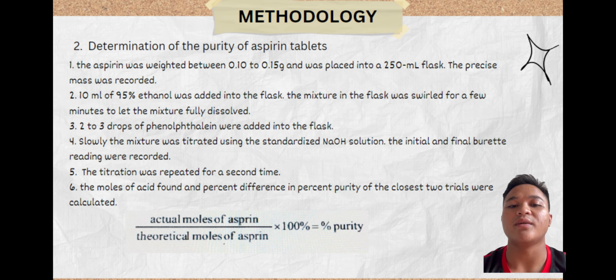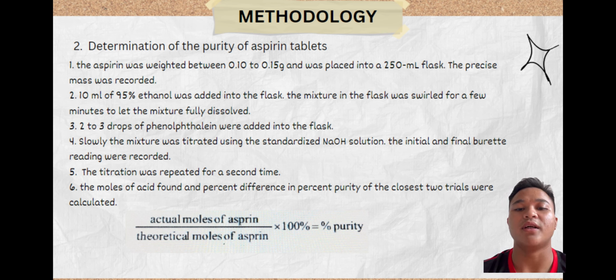The initial and final burette readings were recorded. The titration was repeated a second time, and the moles of the acid found and the percent difference in percent purity of the closest two trials were calculated using the calculation below.